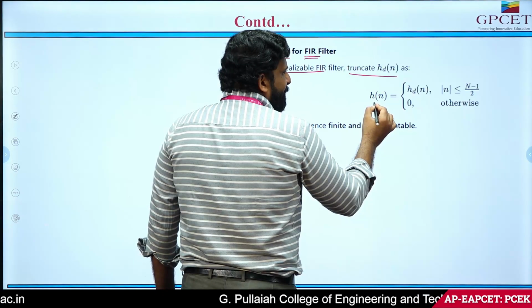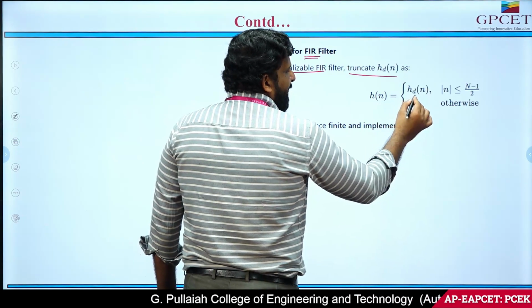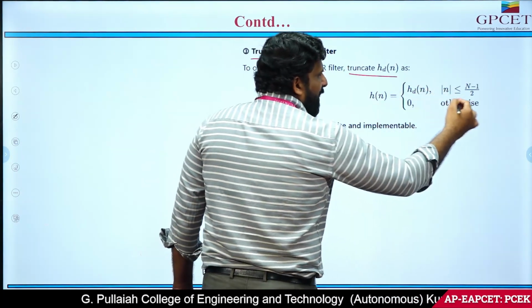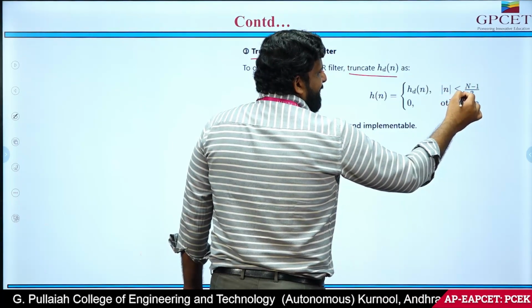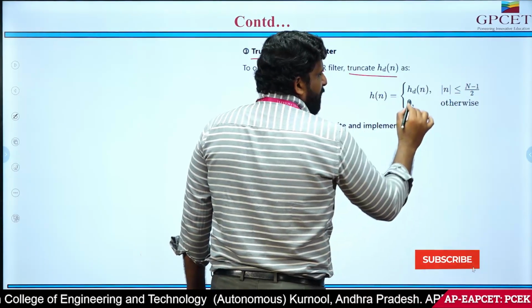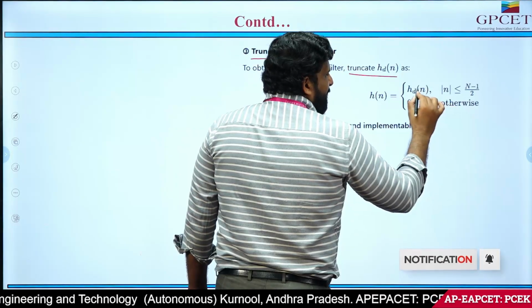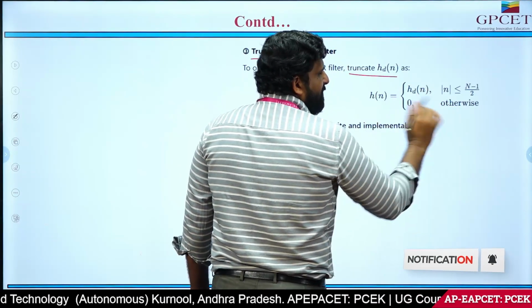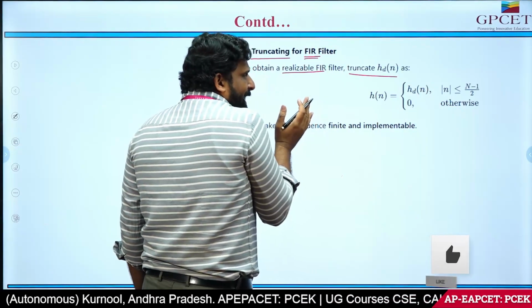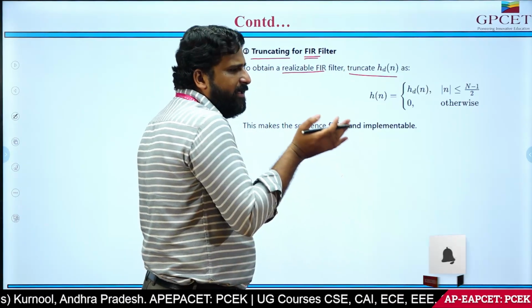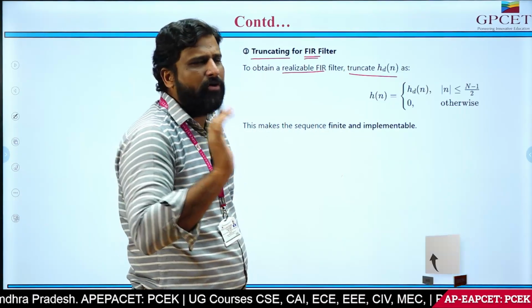How am I truncating? The desired impulse response h of n is equal to hd of n for mod n less than or equal to n minus 1 by 2, otherwise the value will be equal to 0. That means I am converting the infinite duration into a finite, countable duration.